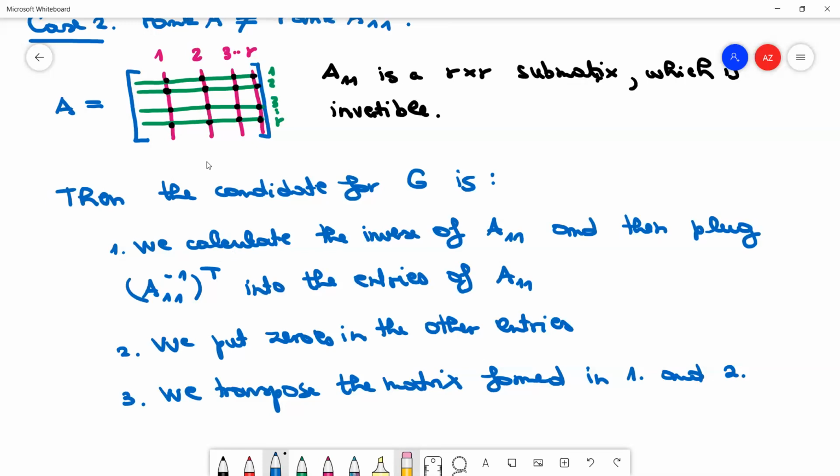But there is also another way, which we are not going to thoroughly look at, but it will be in your handouts. The other way to transform this into case 1 is to multiply A by some permutation matrix from the left to swap rows, and by some permutation matrix from the right side to swap columns.